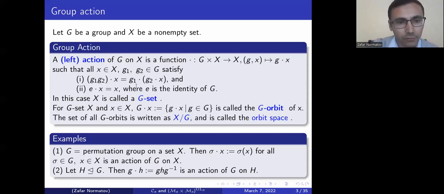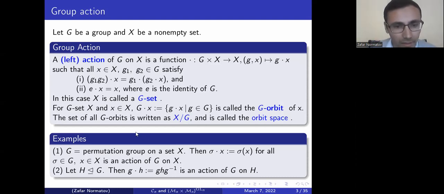In this case, we call the set X a G-set. Let X be a G-set, and for an element from the set, we define the following set, which is called the G-orbit of this element. The set of all G-orbits is written as follows and is called the orbit space.